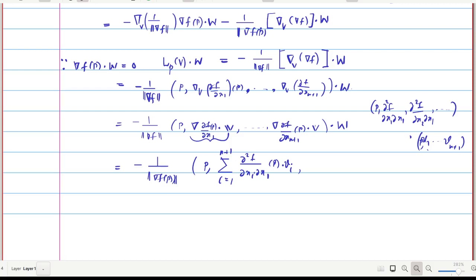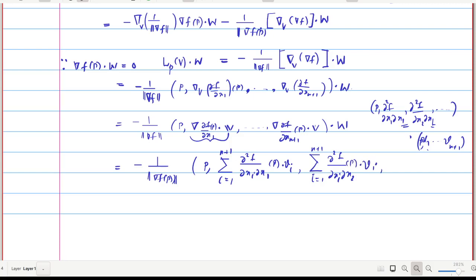by expanding the summation. The second will be the summation i equal to 1 to n plus 1 dou square f by dou xi dou x2 for the second component. That means in all these terms we have x2 here. Okay, so times at point p times vi again.